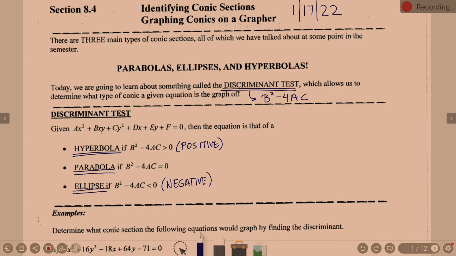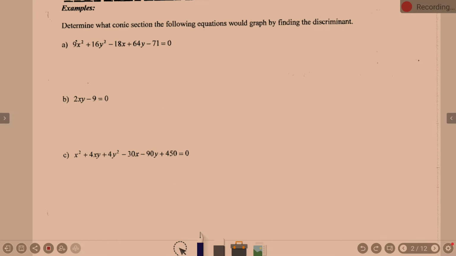Ready to try? Look at example A. Determine what conic section the following equation would graph by finding the discriminant. So, first thing, my recommendation, identify your ABCs. Or in this case, identify your A through F. What's in front of x squared?